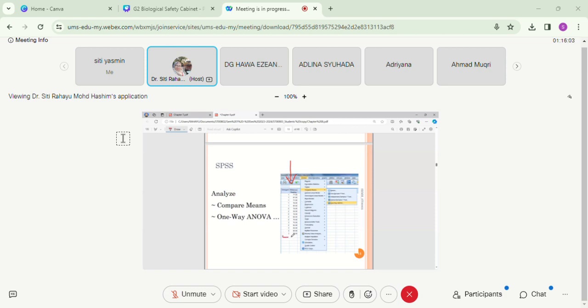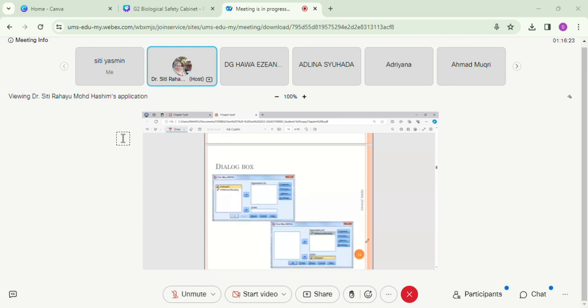You need to have one column for the categories, or the categorical variable, or the factor, and another column for the readings, anything that is measurable in scale.